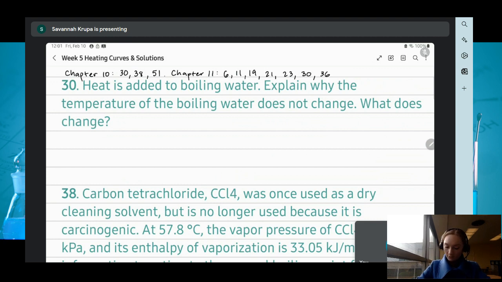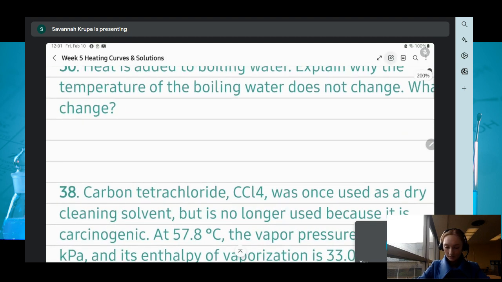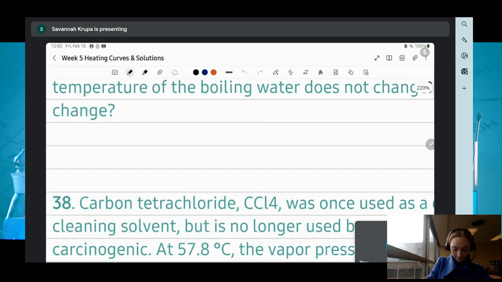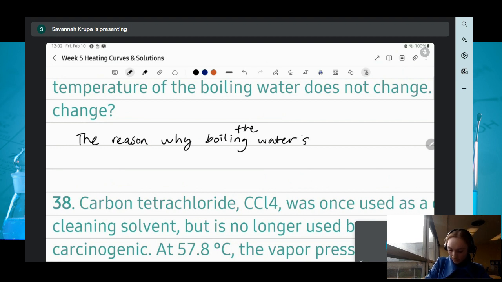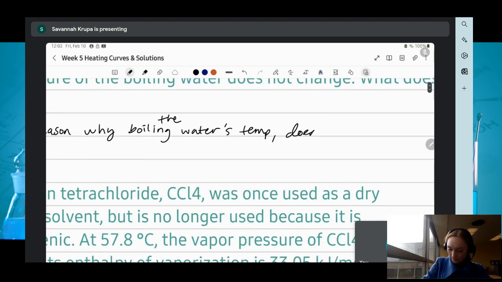So I will write this down as I say it, but the reason why the boiling water's temperature does not change is because all of the energy is being put into the water to change the phase, from a liquid to a gas.